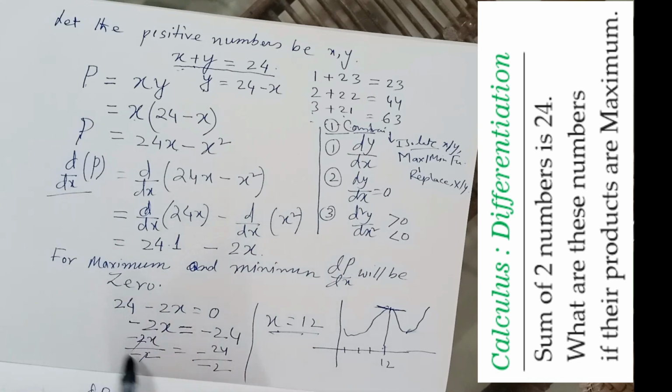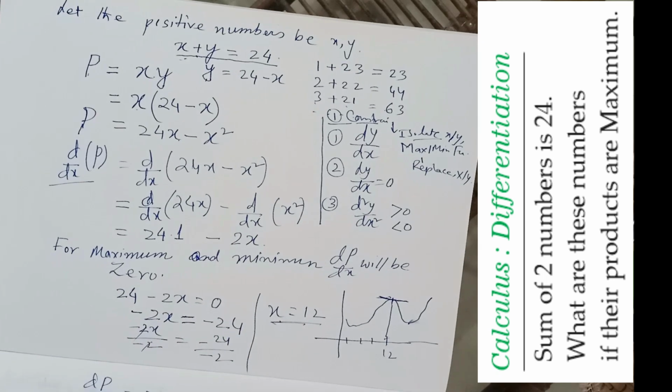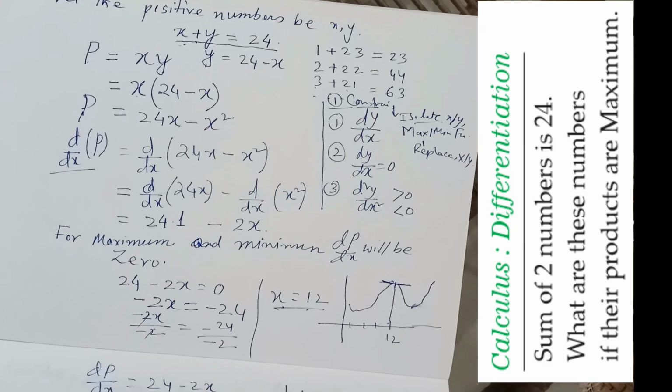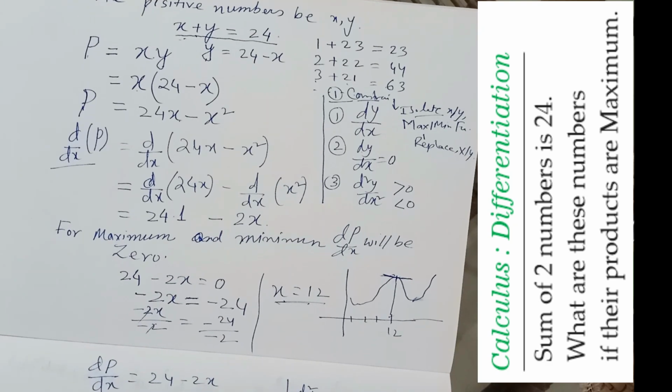This is your algebraic solution part, which I have already explained earlier. So x equal to 12. Once x equal to 12, we have to see what the double derivative is. We have done the double derivative and we got directly minus 2. We didn't put x in because there is no x now. Automatically, in this function it became negative. If it is negative, that means for x equal to 12 it is a maximum value we will get.